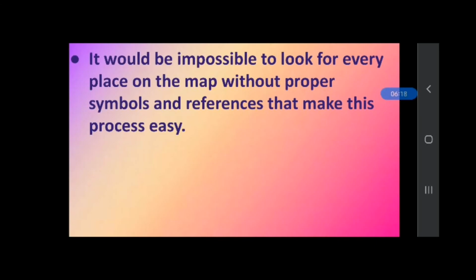So now think and answer. Do you think we would be able to find places easily if there were circles instead of squares on a map? What do you think? So it would be difficult to draw circles on a map, but it is easy to draw a square on a map because squares have sides and we can easily locate the places on a square.